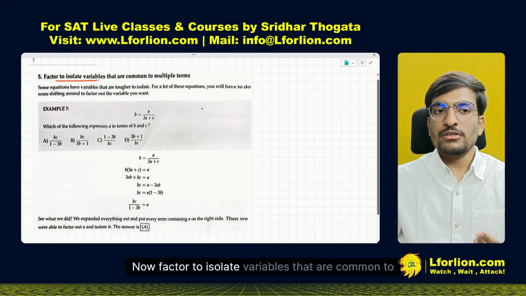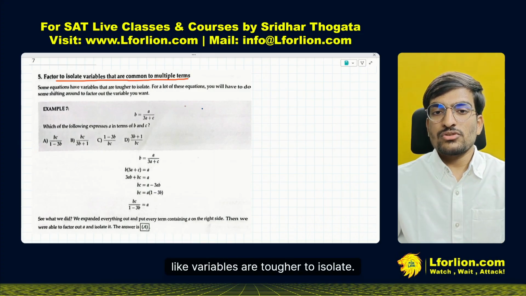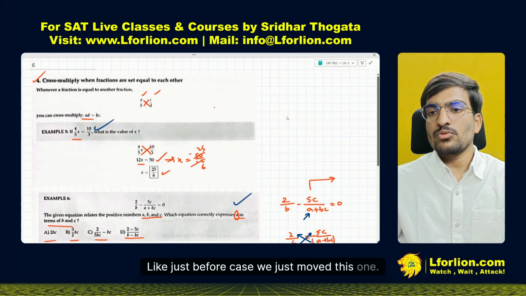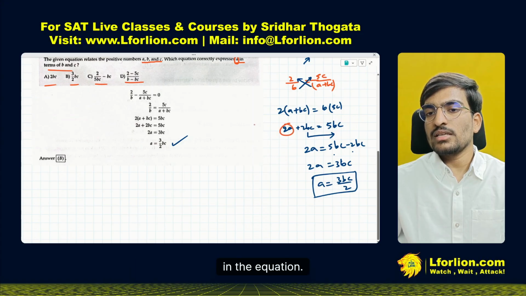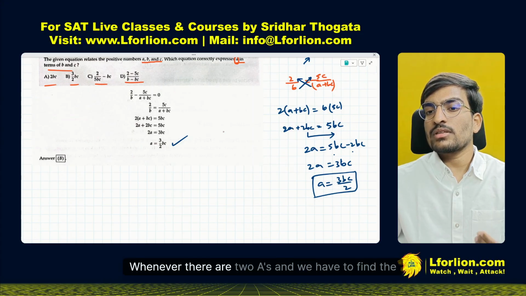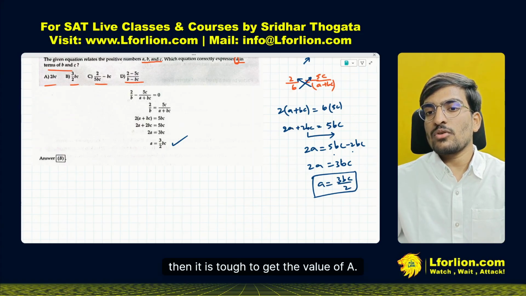Now, factor to isolate variables that are common to multiple terms. Sometimes variables are tougher to isolate. Like in the previous case, we just moved this one, and it is easy to isolate because there is only one a in the equation. Whenever there are two a's and we have to find the value of a, then it is a bit tough.